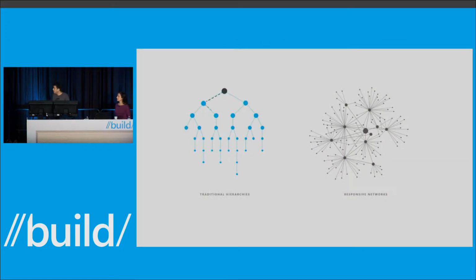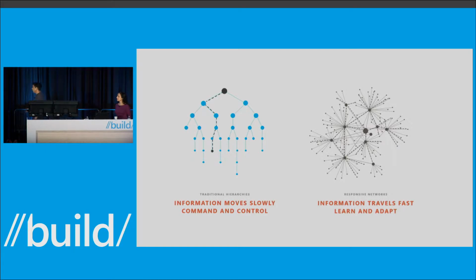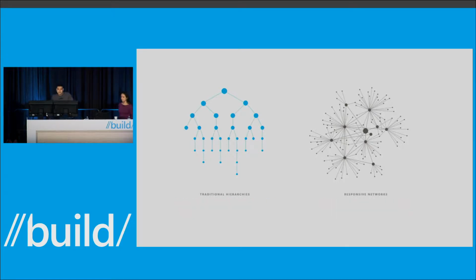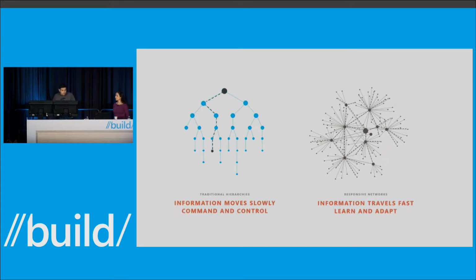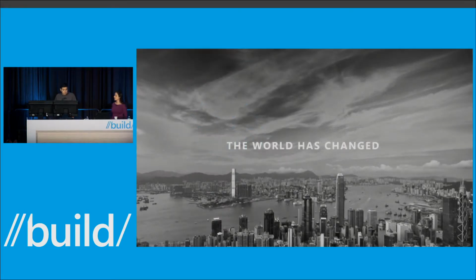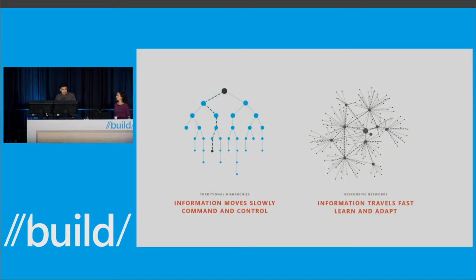Now, this chart basically shows you how information flows in the traditional hierarchy and how it flows in a modern world. Sorry, I think I bumped over. Yep. So in the traditional world, information is flowing in a point-to-point structure, right?